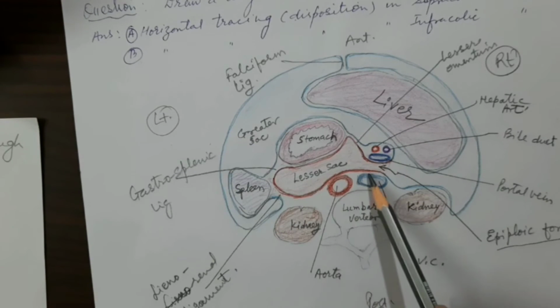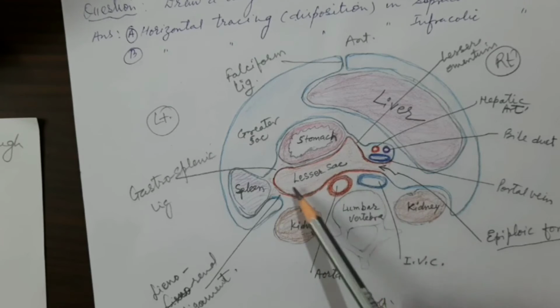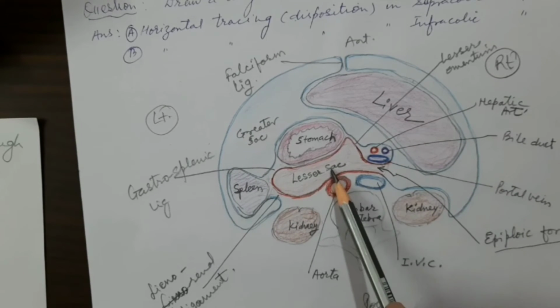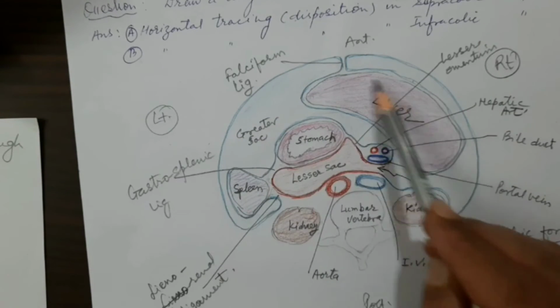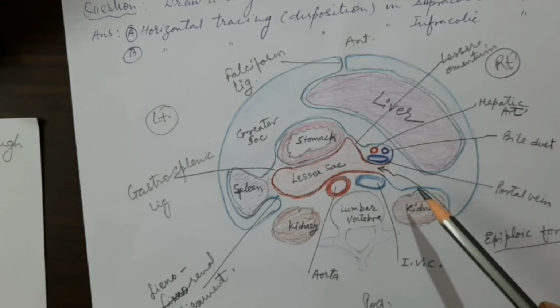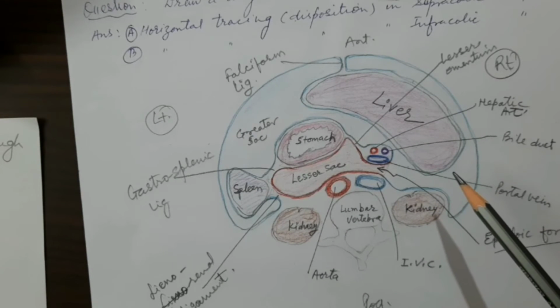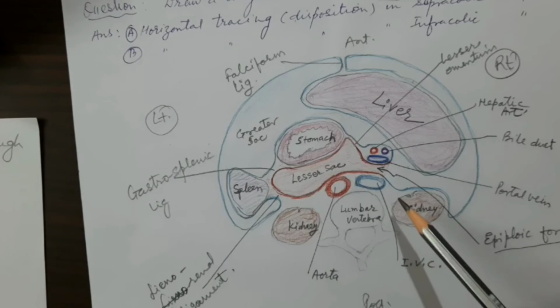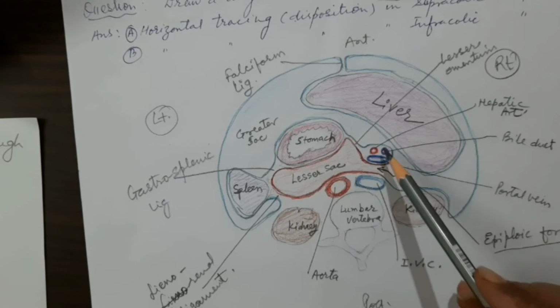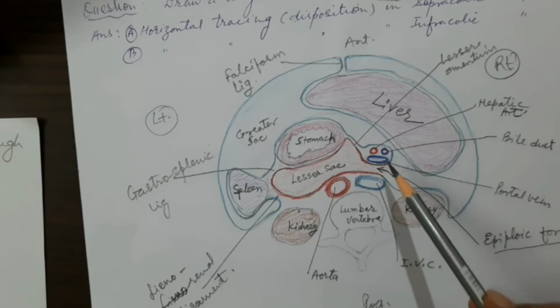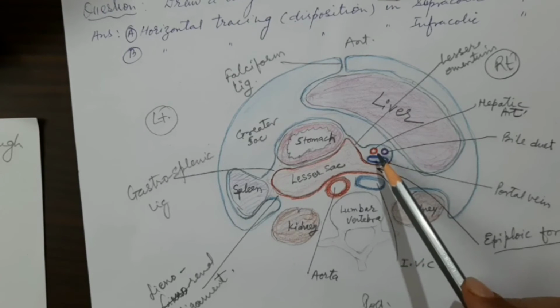So this red shaded area is nothing but the lesser sac, and the blue shaded area is the greater sac. The lesser sac is bounded here by this free margin, in which these three structures are there.